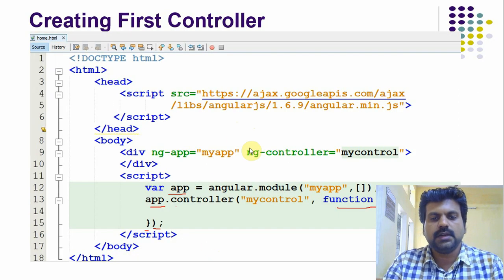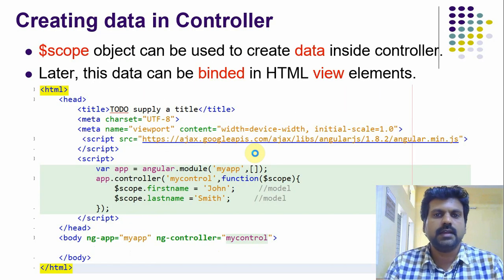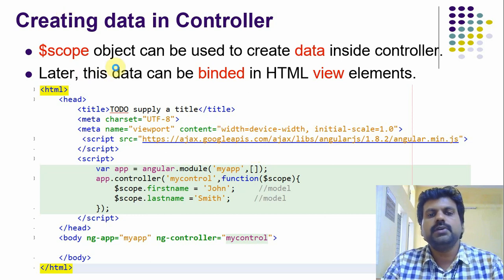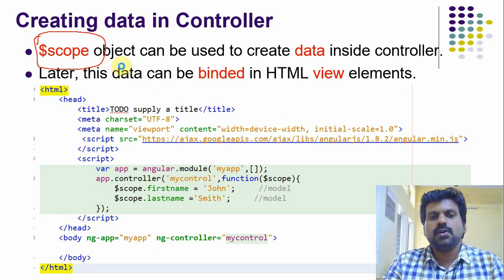Once we do the controller part, we can create data and we can create functionalities, okay. So first let us understand how to create data. For that, there is a parameter called the scope parameter. The scope object can be used to create data inside the controller. Also this scope object is used to bind the data from HTML view components, okay.